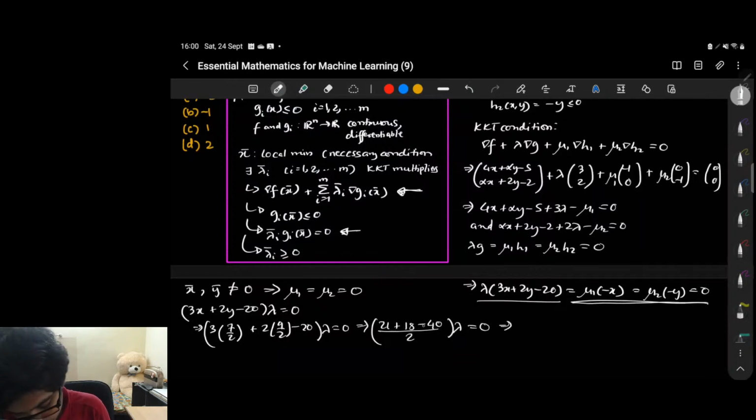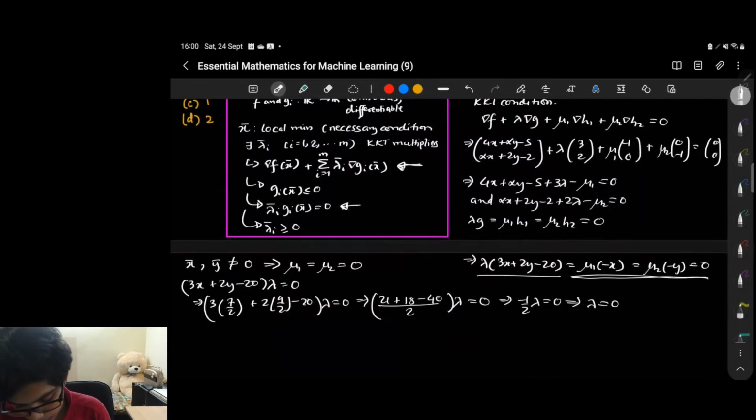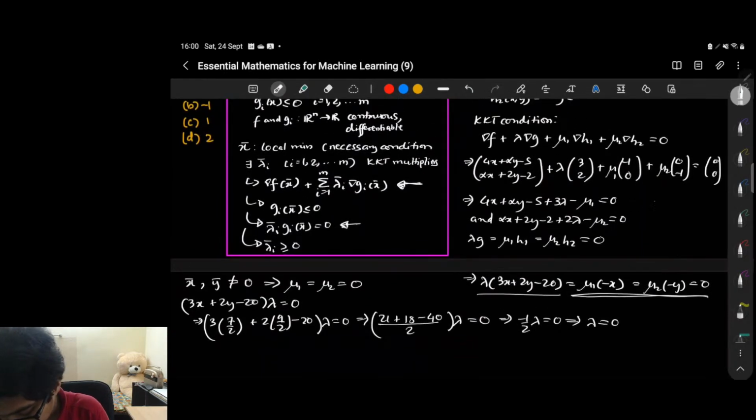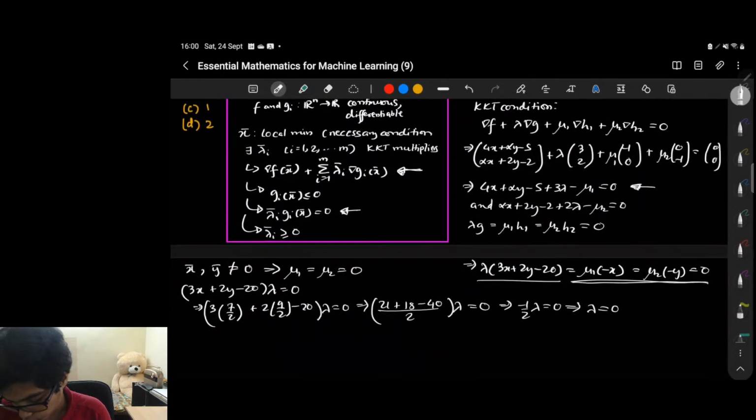So what is this? This is negative 1 by 2 lambda equal to 0, which implies that lambda is also equal to 0. So now let us come to this equation, this first equation over here.